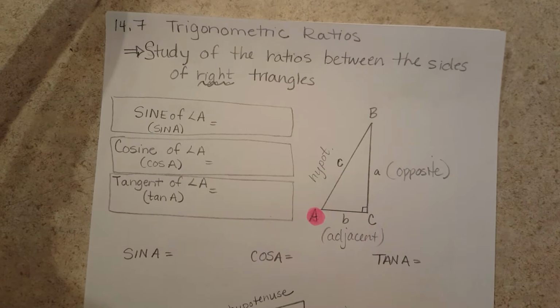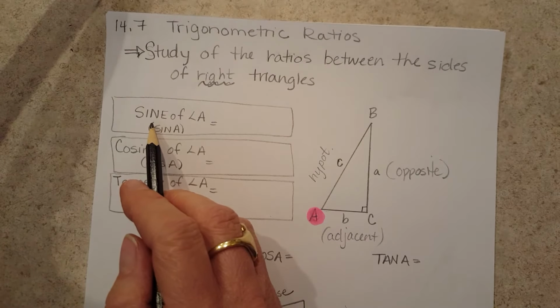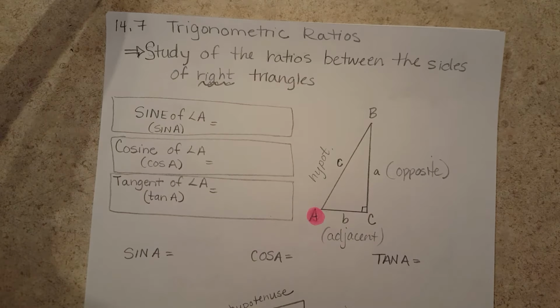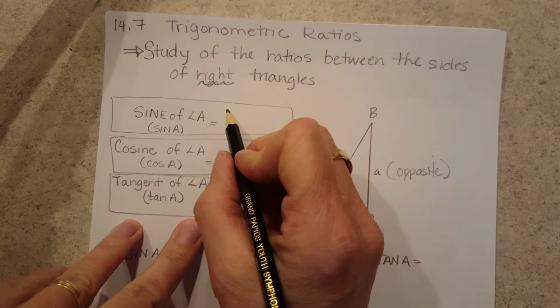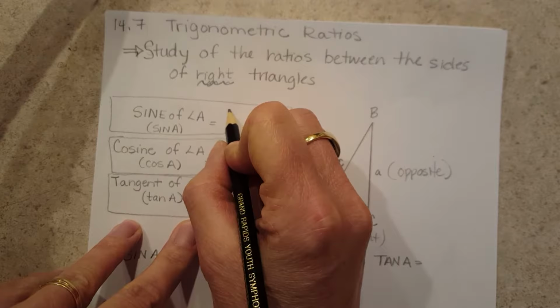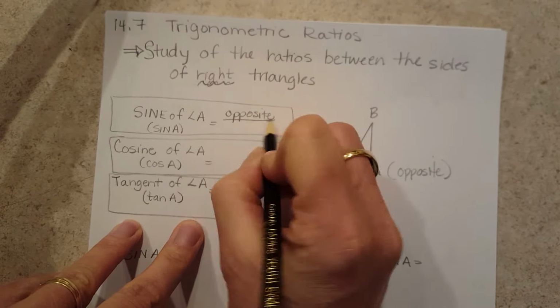Okay? Now, the ratios are like this. This is how we remember it. Sine is opposite over hypotenuse. So when you are looking at the ratios of sine, you are always looking at opposite over the hypotenuse.